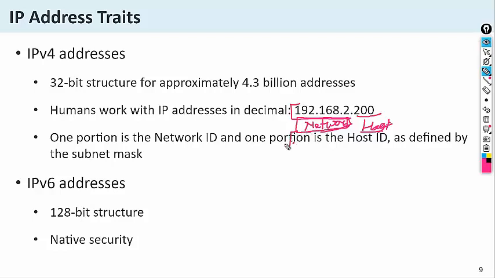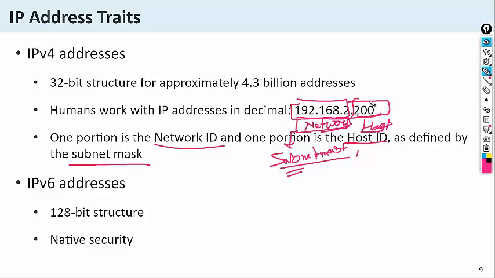It is called the subnet mask. The subnet mask is the value which is going to identify the network ID and the host ID. The subnet mask will define how many network IDs there are and how many host IDs there are.